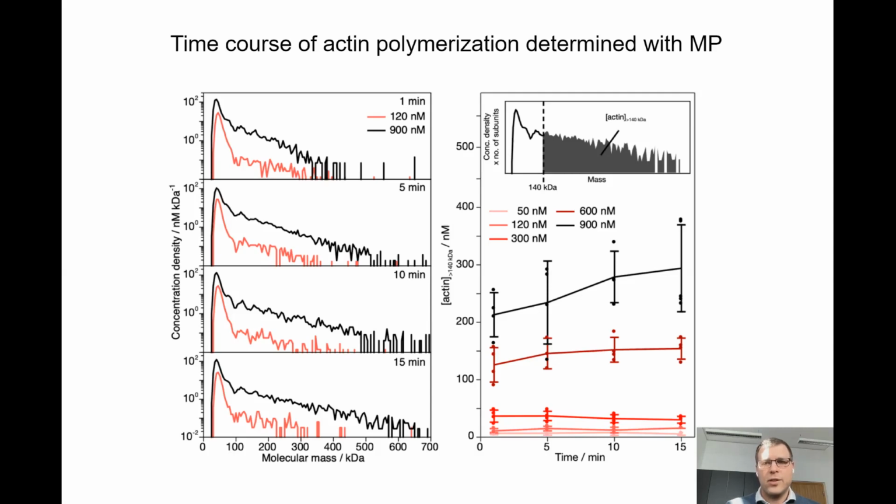But this is really just a very crude analysis. The actual advantage of this lies in the fact that we can quantify principally every individual species that is present during the polymerization process individually, and take a time course of it.